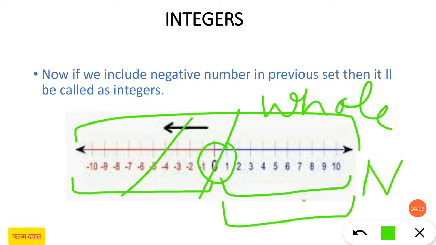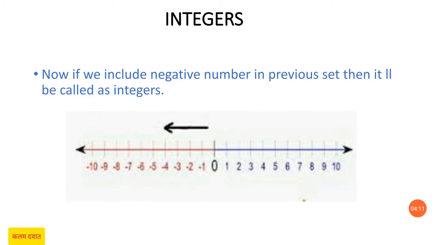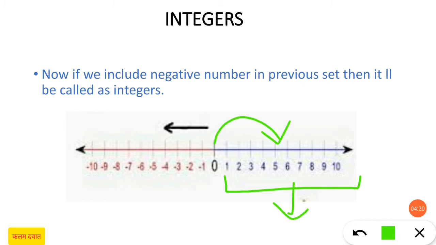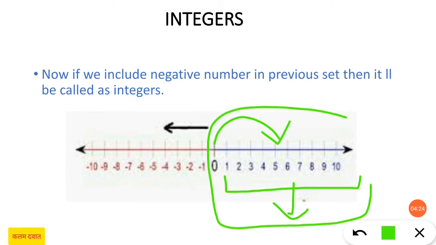It's very simple. Again I am repeating this for you. If we take these numbers, they will be called natural numbers. If we add 0 to the collection, it becomes the collection of whole numbers. And if we add these negative numbers too, they will be called integers.